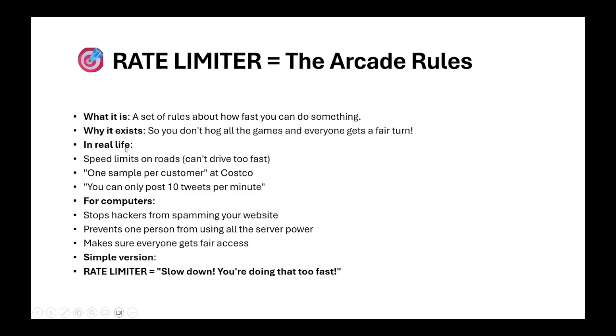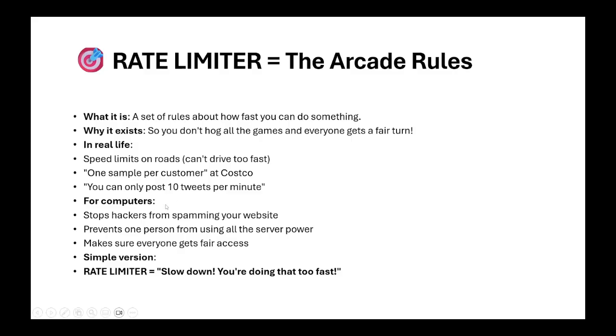You can see the rate limiter algorithm in real life too, such as speed limits on roads, which limit you, and also only one sample per customer. Whenever they give you samples, they only give you one sample. And also in X, which is formerly known as Twitter, you can only post 10 tweets per minute, for example.